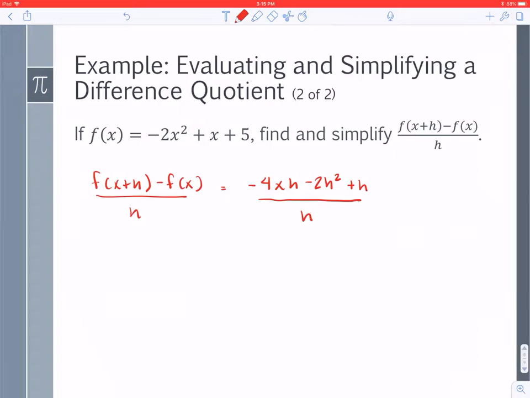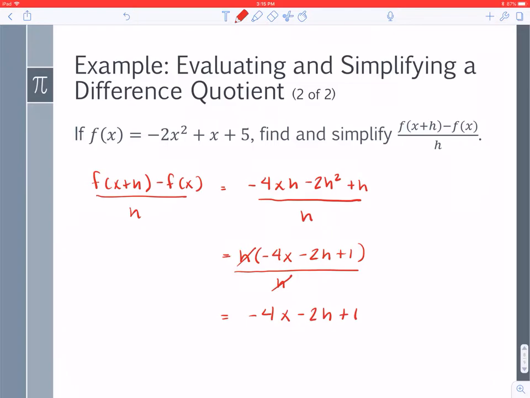So I'm going to factor the h from the numerator. Okay, so I'm going to factor that out. So I'm going to get minus 4x minus 2h plus 1, divided by h. Now I can cancel the common factor of h, and my difference quotient is minus 4x minus 2h plus 1. That is the difference quotient.